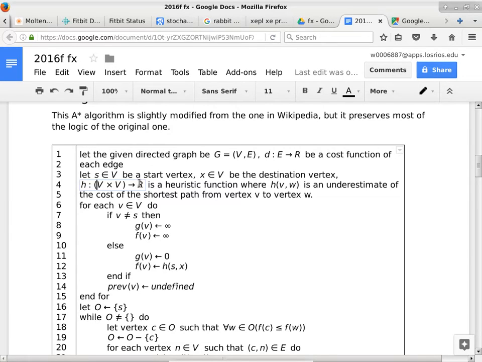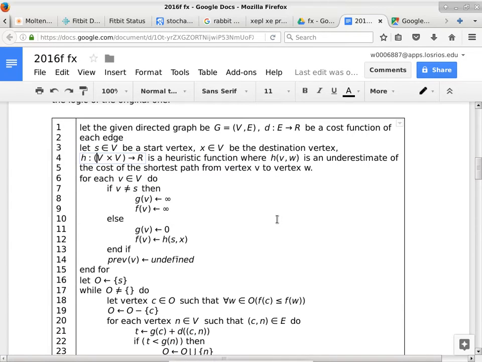Are there any questions about what H is representing and why it is represented like this as a notation of a function? It takes two parameters. Both parameters are vertices, and it is mapping those two vertices to a real number, which is always going to be an underestimate of the distance between those two vertices. Okay? Are we still okay so far with the discussion of the symbols? All right?